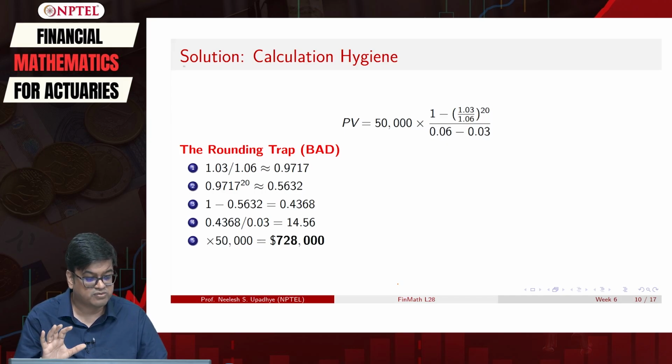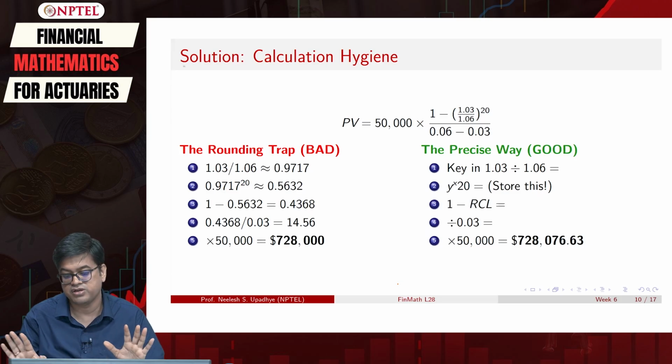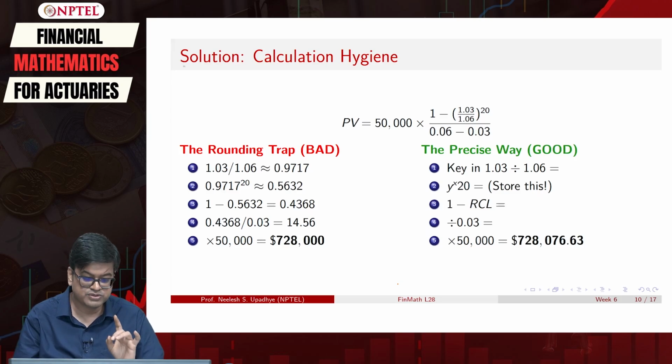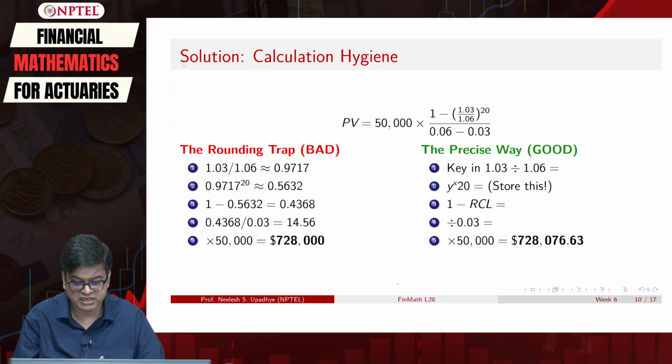What we will show now is how to use the memory functions of our calculator in an effective manner. So we key in 1.03 divided by 1.06. We will not note down the values. We use the calculator function x raised to y, and raise this to 20. Okay, y raised to x is incorrect, it is x raised to y in the BA II Plus calculator.